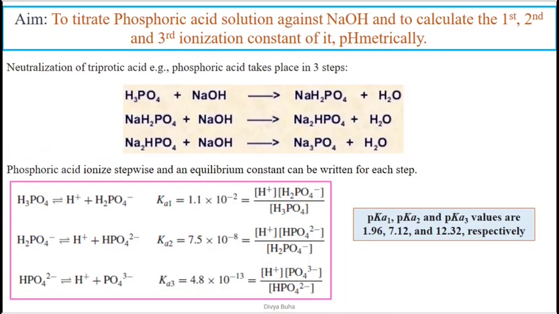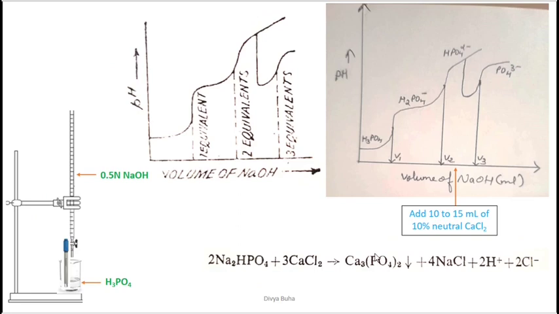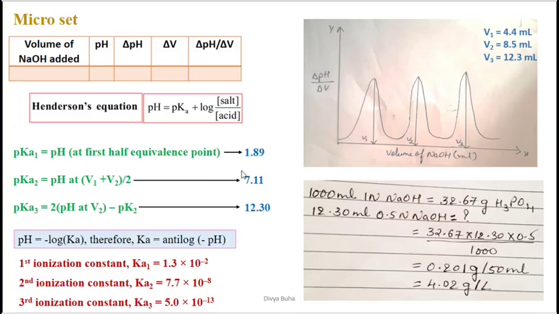So when would it happen? It would happen at half of the equivalence point value. You can see over here, pKa1 equals pH at the first half equivalence point.